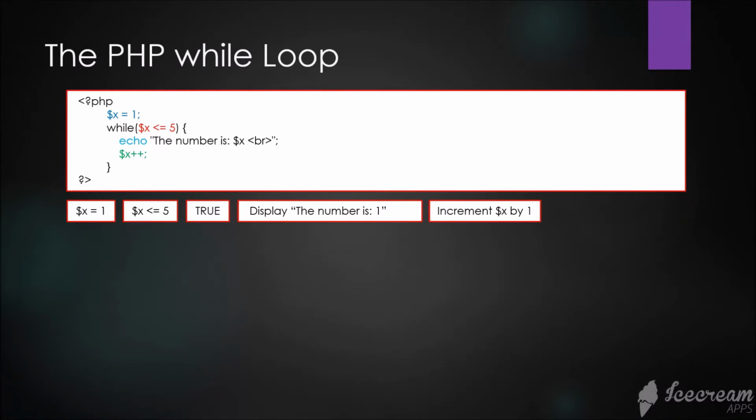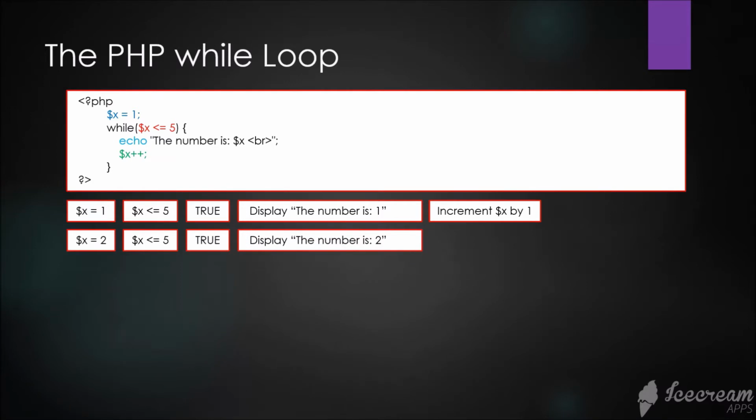Then increment x here by 1. Then the current value of x is 2. So we compare again: is x less than or equal to 5? The answer is true. Then we display again the number is 2. Then increment x by 1.